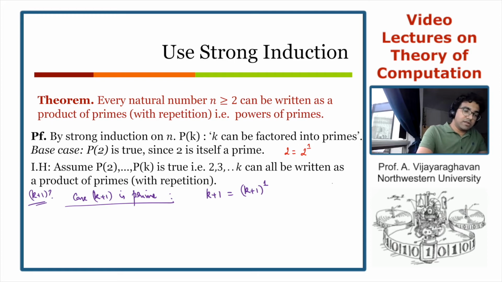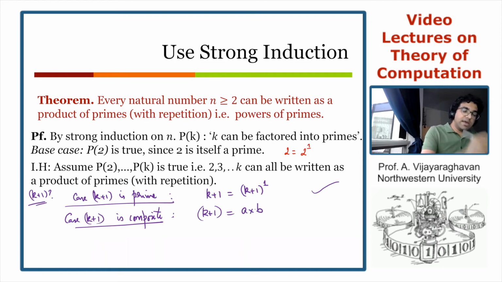So in this case we're done. The other case is that k plus 1 is composite. It's not prime, so it's composite. That means I can write k plus 1 as the product of two numbers, a and b, where both a and b are natural numbers between 2 and k. They have to be less than k plus 1, so they're between 2 and k.